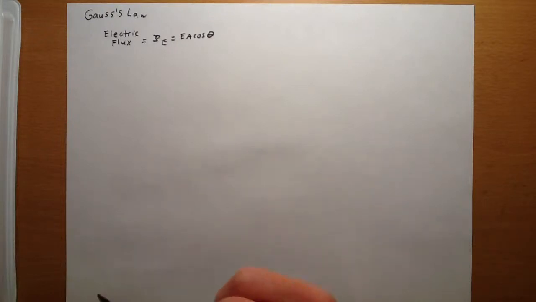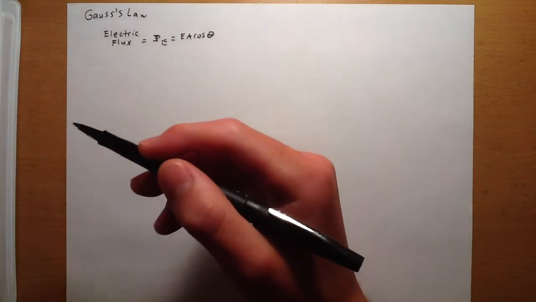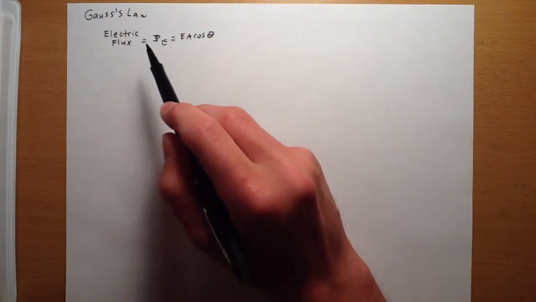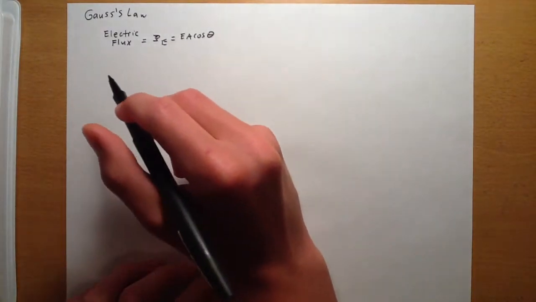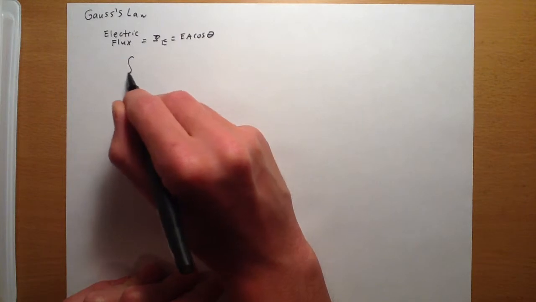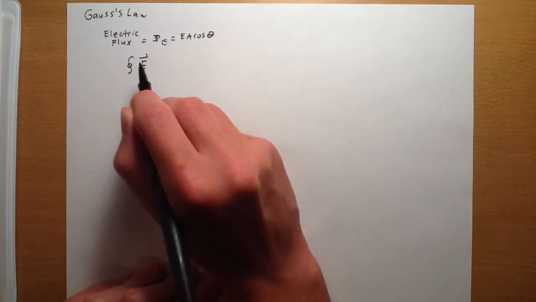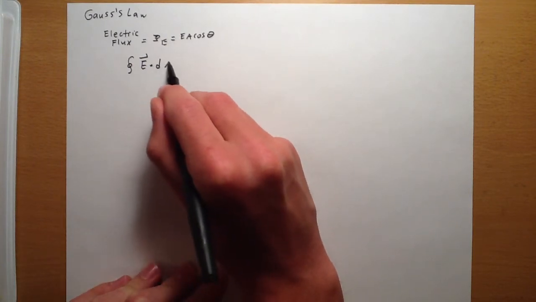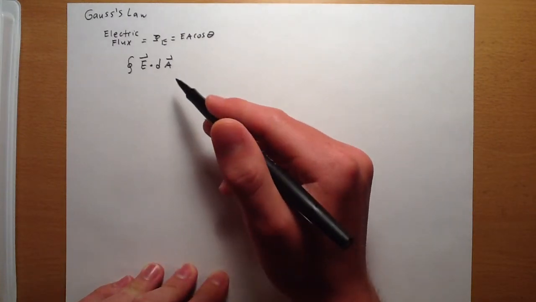In this section, we're going to go over Gauss's law. And to apply and use Gauss's law, we're going to apply and use the electric flux equation. So, the equation for Gauss's law is equal to E, the electric field, at a certain point, applied over a certain point on the surface area of an object.